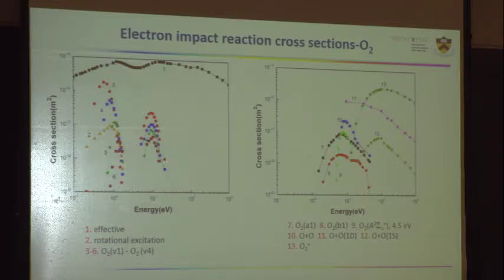Beyond a few eV, you don't generate vibrational oxygen excitation. If you want to generate a vibrational excitation, your electron energy has to be small. If you want to generate the singlet A and B, and then radicals, and then O1D and O1S, and ionization, you need very high energy, tens of eV, 100 eV.